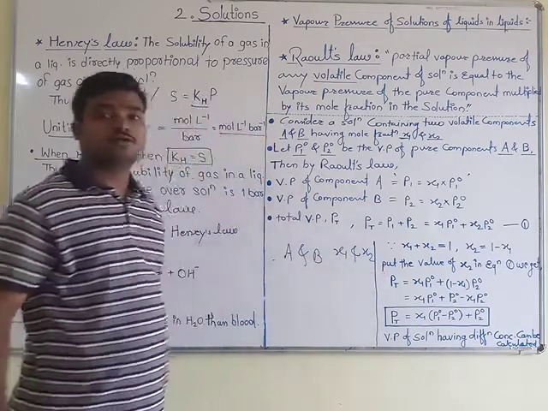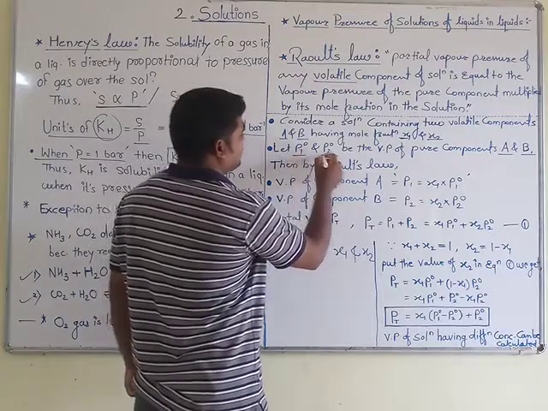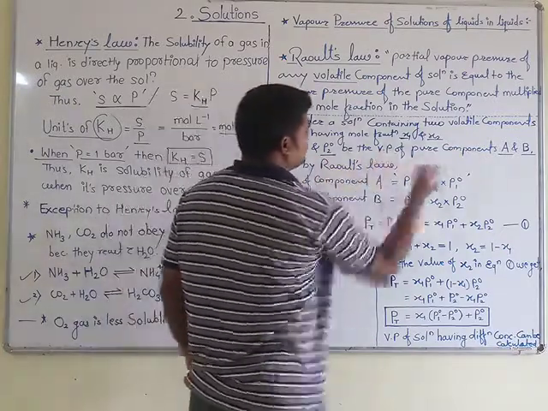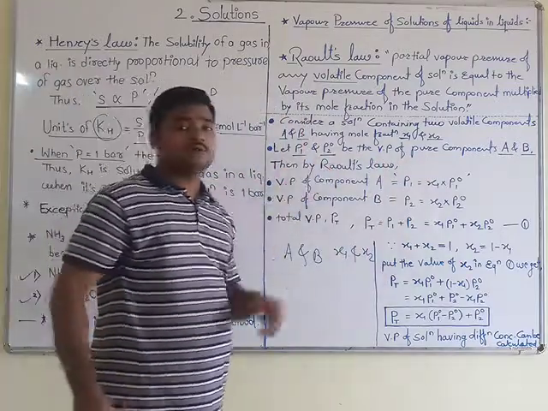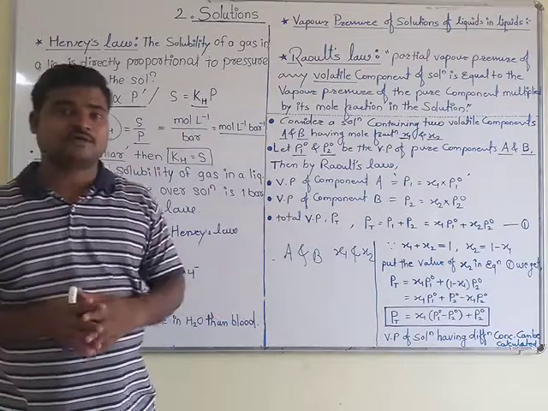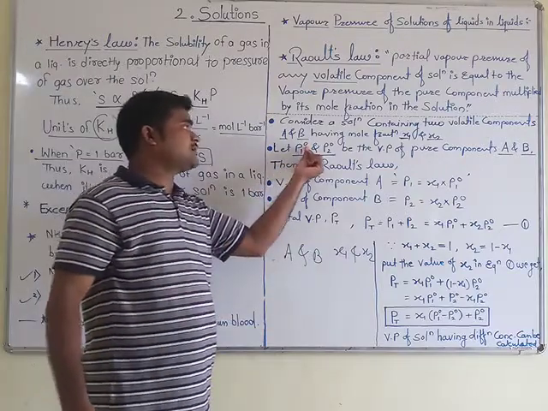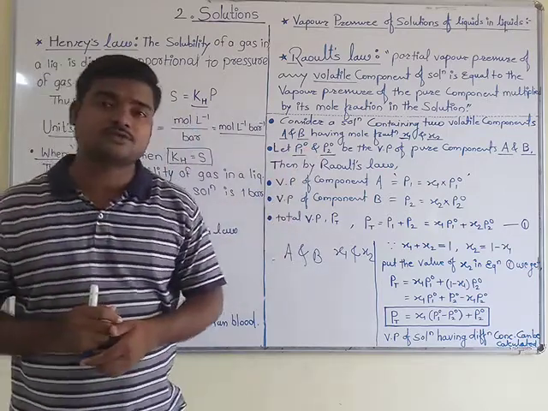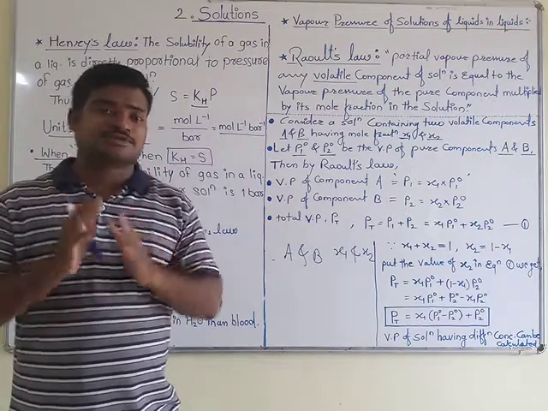P10 and P20 are the vapor pressures of the pure components. As I have already explained earlier, when we denote the superscript of P with a small 0, it means that the component is in its pure state.